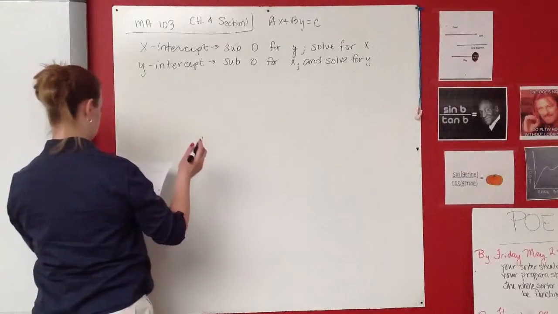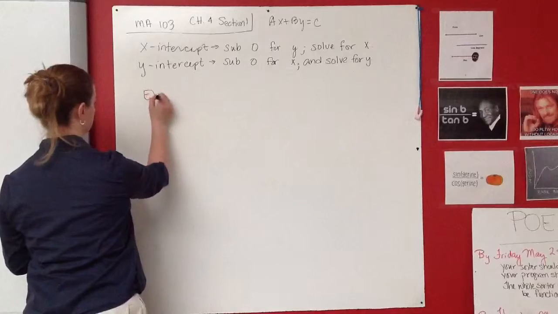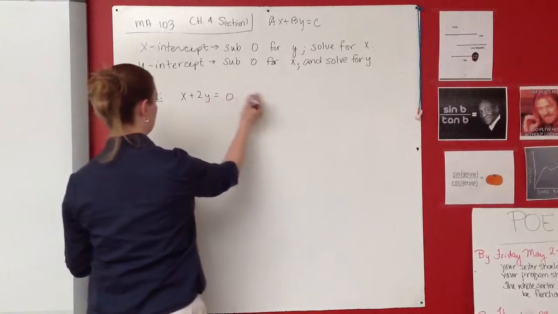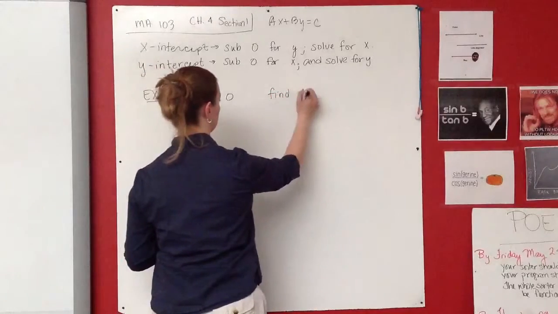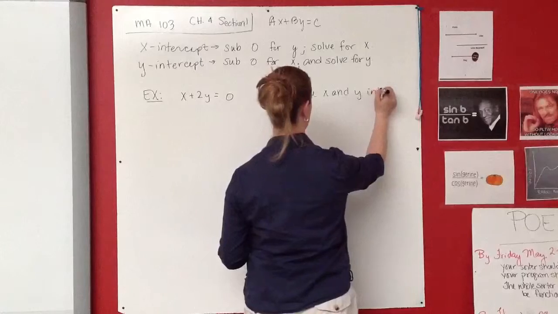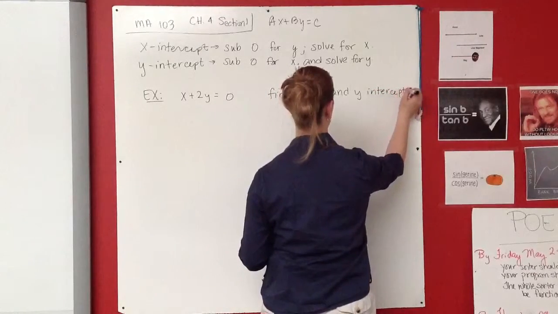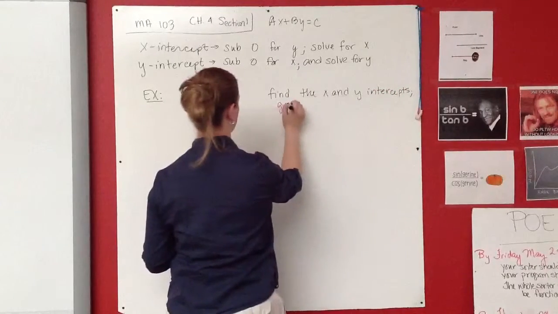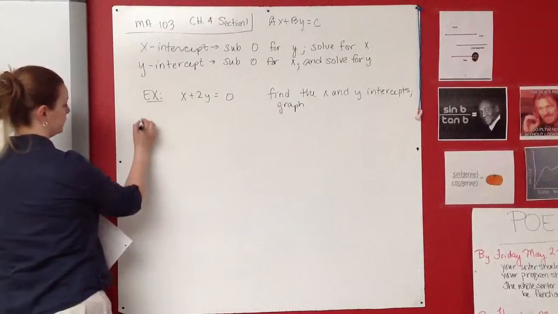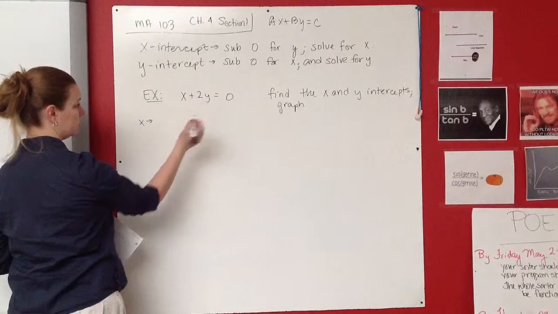Let's look at x plus 2y equals 0. We want to find the x and y intercepts, and then we want to graph it. Okay, so to find the x-intercept, we're going to substitute 0 for y here.